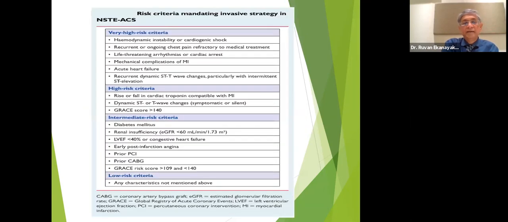Now, the 2015 ESC guidelines give the criteria of what is called the very high risk criteria of non-ST elevation myocardial infarction.